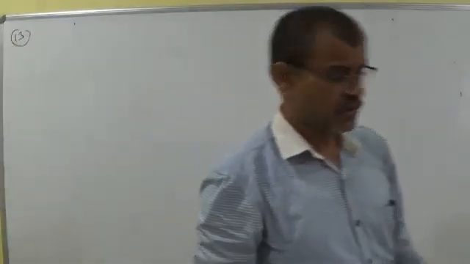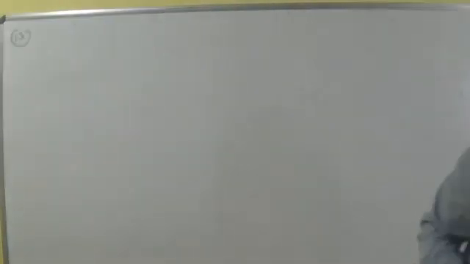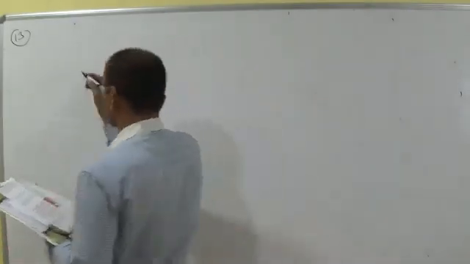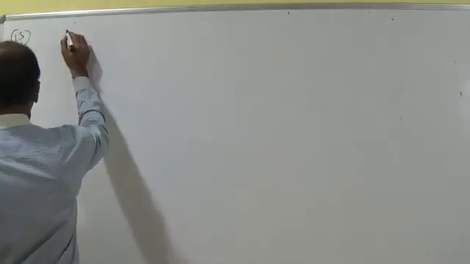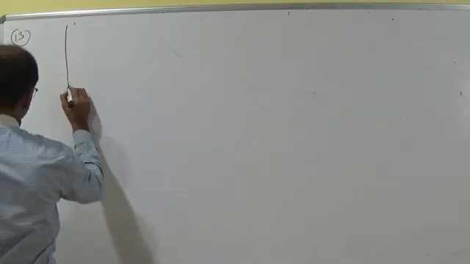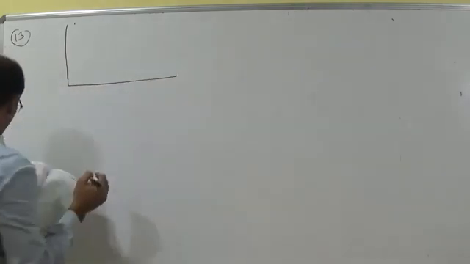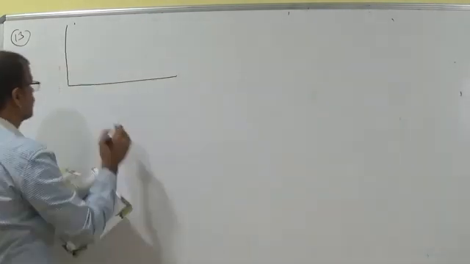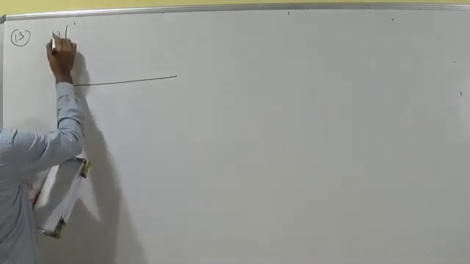A lamp of negligible height is placed on the ground L1 away from a ball. A lamp of negligible height. The lamp తీసుకోండి. A lamp of negligible height is placed on a ground L1. ఇది వాల్ తీసుకోండి.